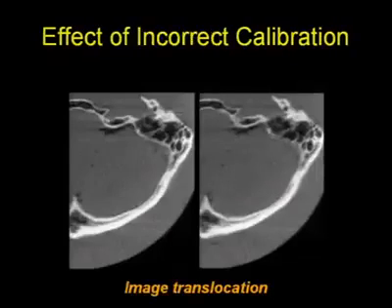And this is another example. This is much more subtle, where the flex map of one accelerator was copied and pasted onto another. And I would like to poll one of the audience to tell me which image, the image on the right or the image on the left, has been produced by a miscalibrated imaging system.